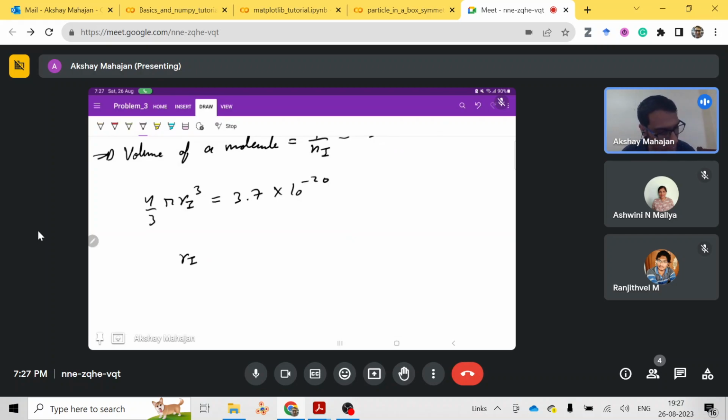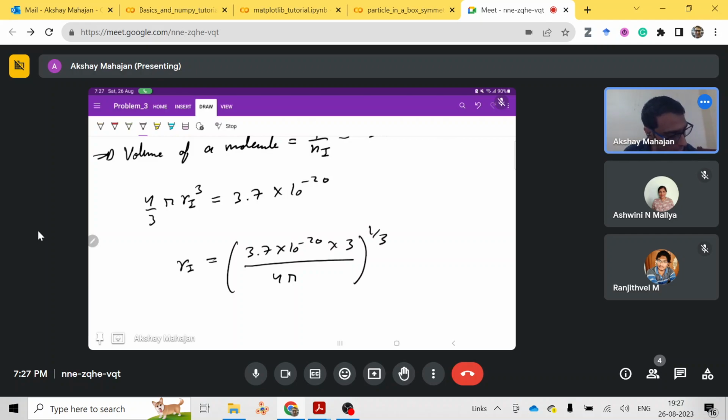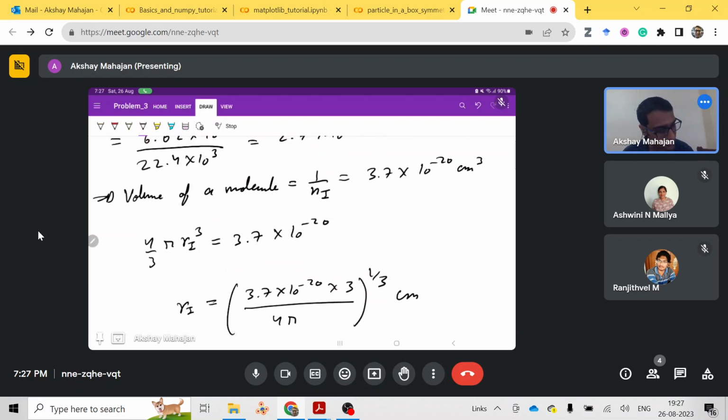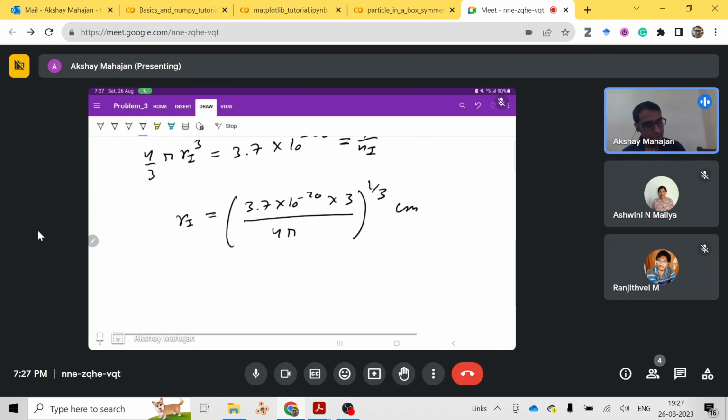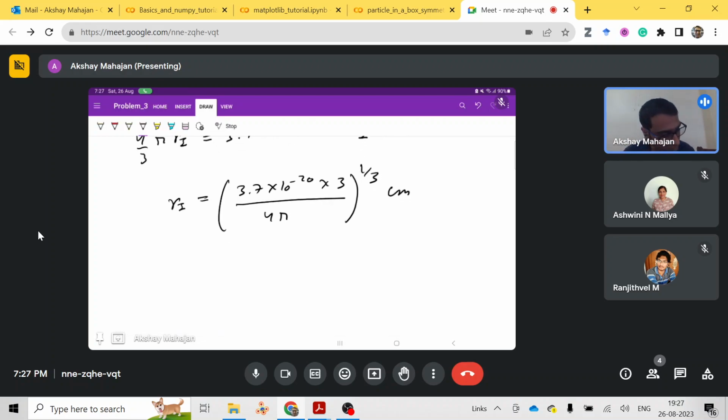For the sake of time, I will not do this calculation. r_i will be equal to 3.7 into 10 to the power minus 20 times 3 divided by 4 pi, whole to the power 1 by 3, in centimeters, because this is in centimeter cube, 1 by n_i, equal to 4 by 3 pi r_i cube. Similarly to how we found r_s for the electron, we can find this r_i for the ideal gas molecule, and if you calculate, it comes to 21 angstrom.